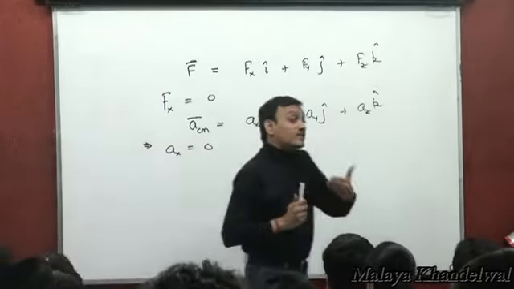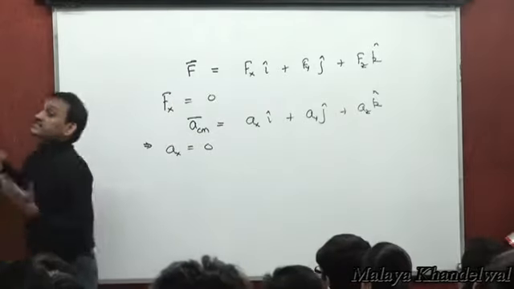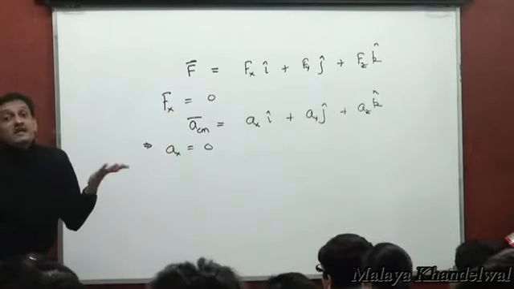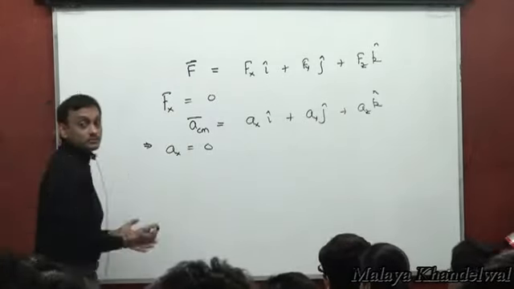That means there was no acceleration in the x direction. And in the absence of an acceleration in the x direction, the x component of the velocity of the center of mass must have remained constant, right? So Ax 0 would have, suppose the velocity of the center of mass was Vx i cap plus Vy j cap plus Vz k cap, then Ax equal to 0 really implied that Vx was constant.